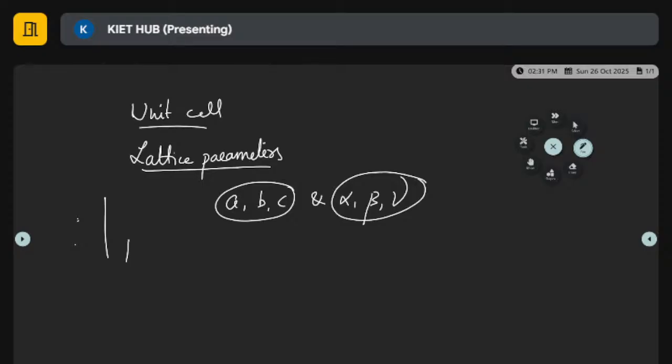A, B, C are called primitives. Alpha, beta, gamma are called interfacial angles.